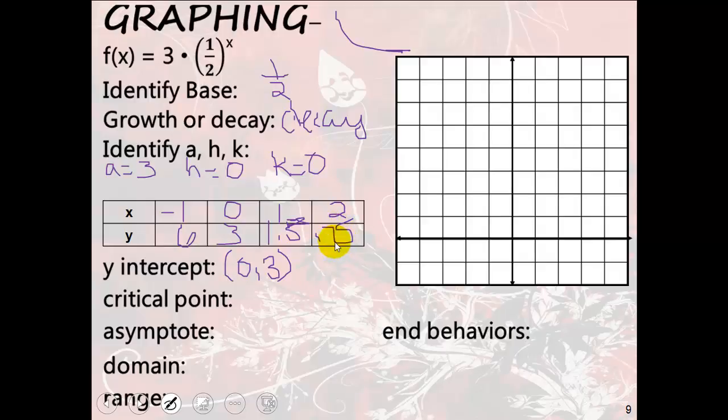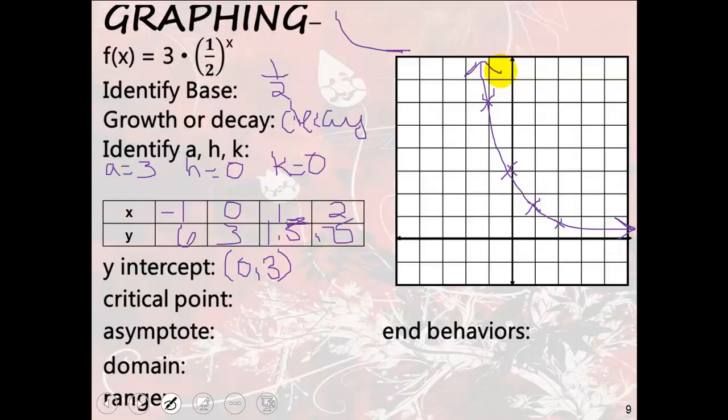Okay, so I'm going to graph those points. So I have -1, 6. Then I have 0, 3. Then I have 1, 1 1/2. And I have 2, 3/4. And so it's going to go like this. Okay?